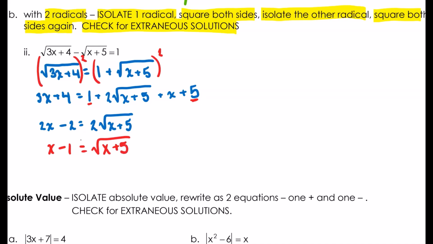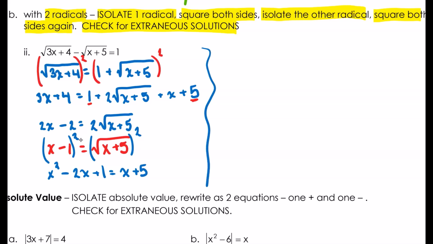Now I'm ready to go ahead and square again. So I've isolated the second radical, and now I'm going to do the same procedure one last time. Left-hand side, special pattern again. So I've got x squared minus 2x plus 1 is equal to x plus 5. And then setting the equation equal to 0, notice that we would get x squared minus 3x minus 4 is equal to 0.